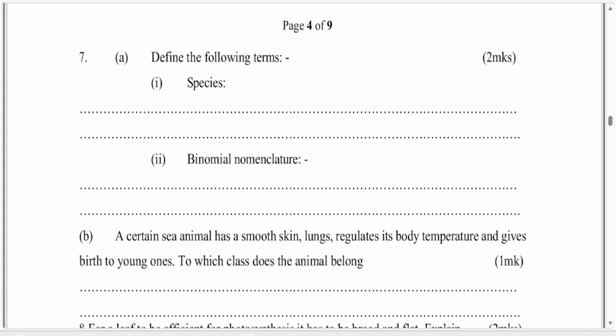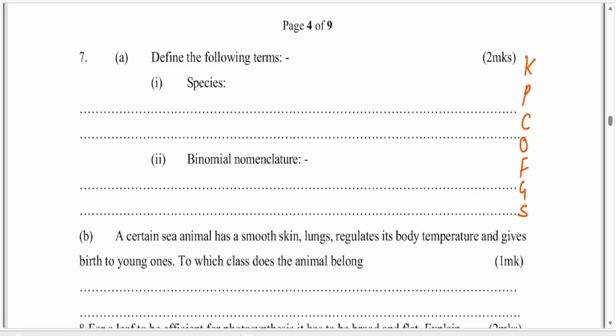So we have the 7 taxonomic units that I know you are given a way of memorizing them. That we say, Kenya police can only fight German soldiers.